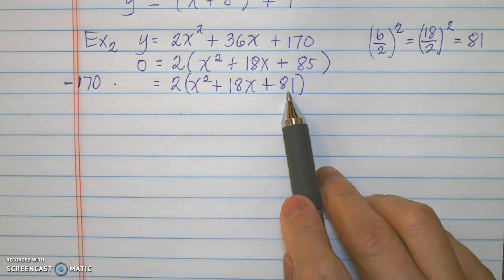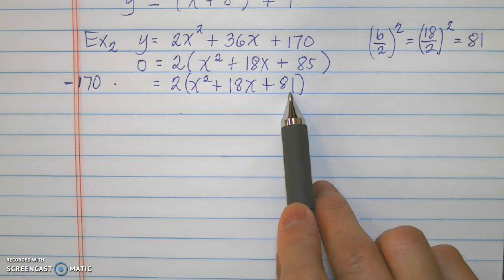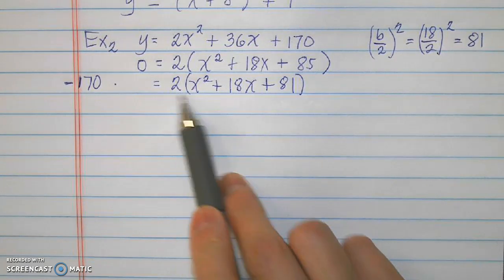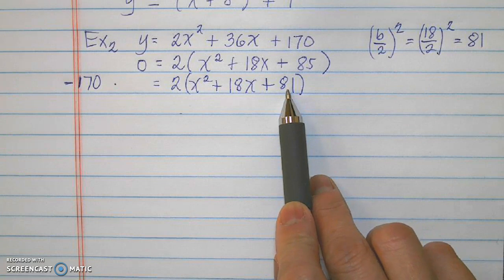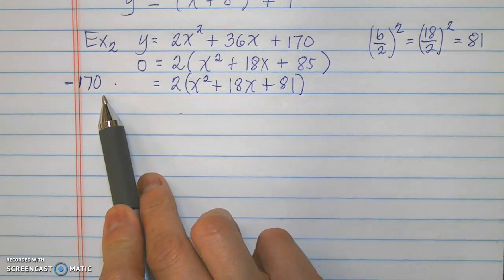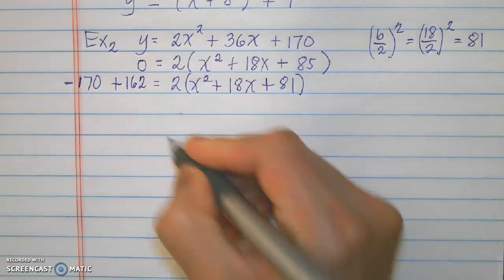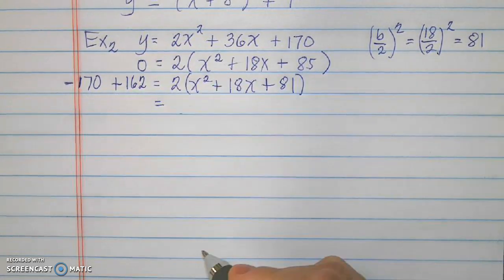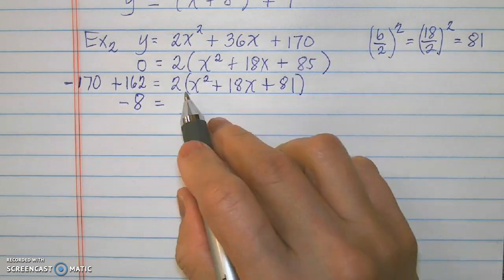That's not really an 81 because it's 81 times 2. So really what I added is 162. Therefore, when I go to the other side, I make sure I'm aware of that and I add a 162, thereby making this become negative 8. And this now is a perfect square.